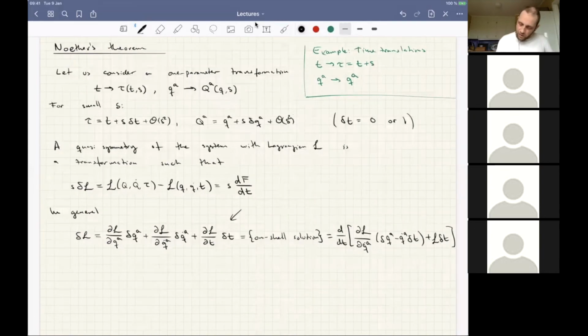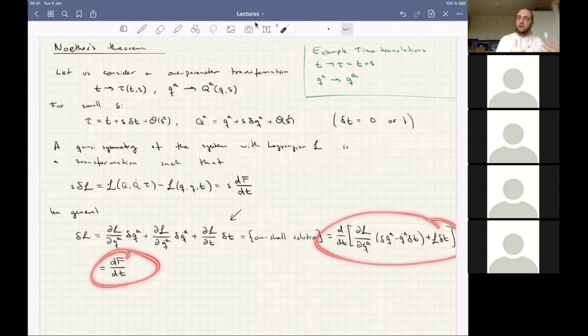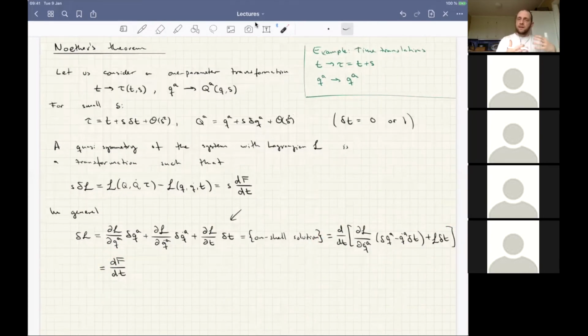But according to our assumption, it was also equal to df/dt for this function f, if we have this transformation that is a quasi-symmetry. Which means, of course, that both sides of this equation are total derivatives, which means that they can differ by at most a constant.